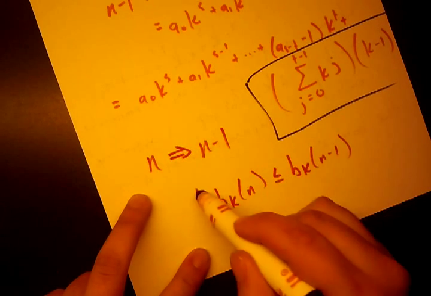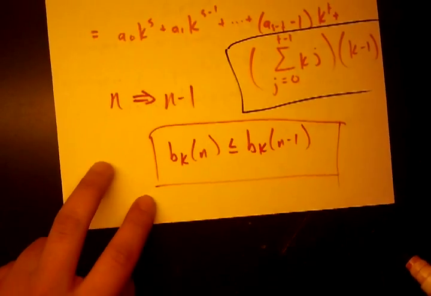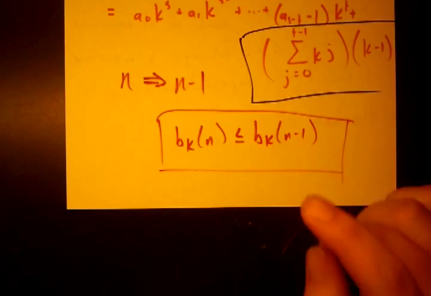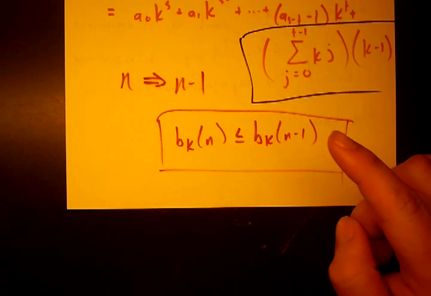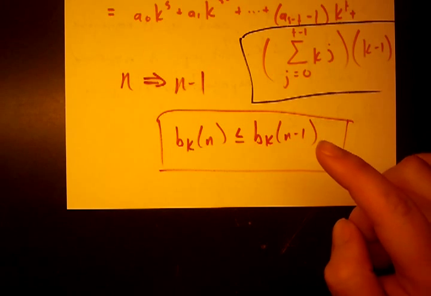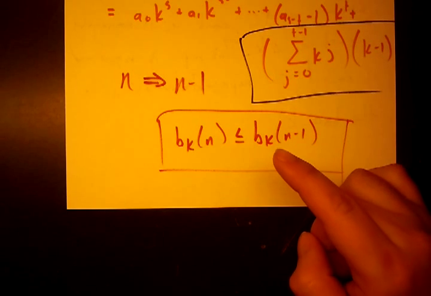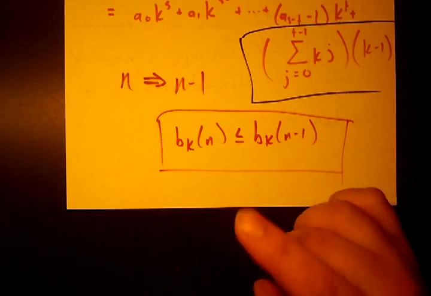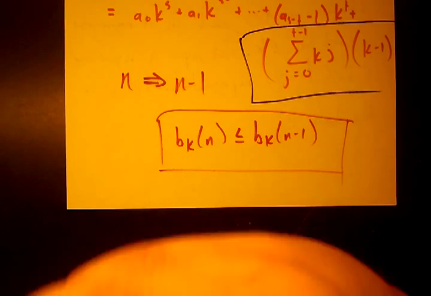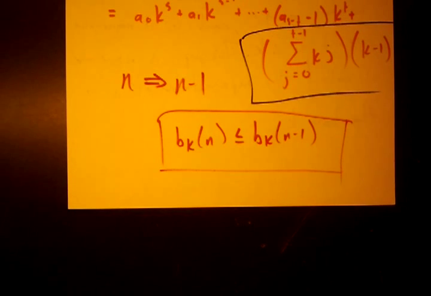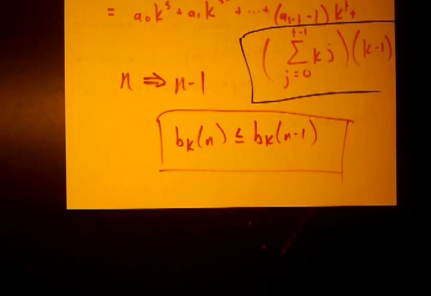What this basically means is there are more than or equal to representations of n minus 1 to the base k as there are representations of n to the base k, because each representation of n to the base k yields a new representation of n minus 1 to the base k.